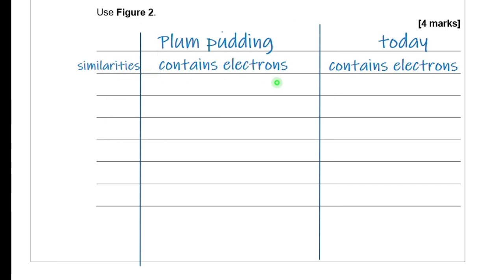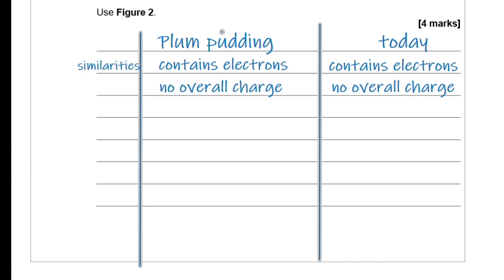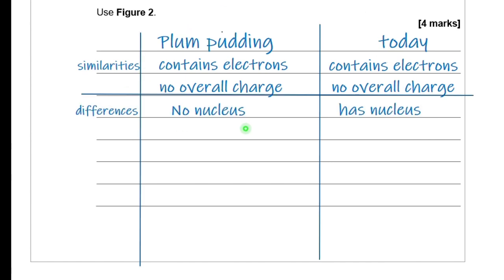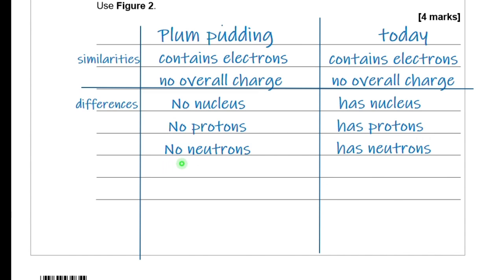So for the similarities, the plum pudding and the model of today both contain electrons, and in both models there's no overall charge on the atom. So the difference is the plum pudding has no nucleus, whereas the model of today has, and likewise no protons and protons. The plum pudding model has no neutrons, the model of today has neutrons.